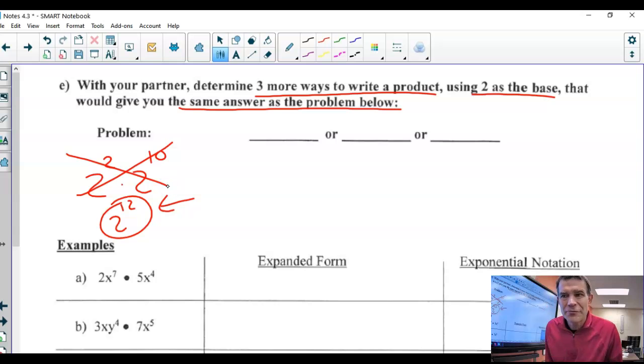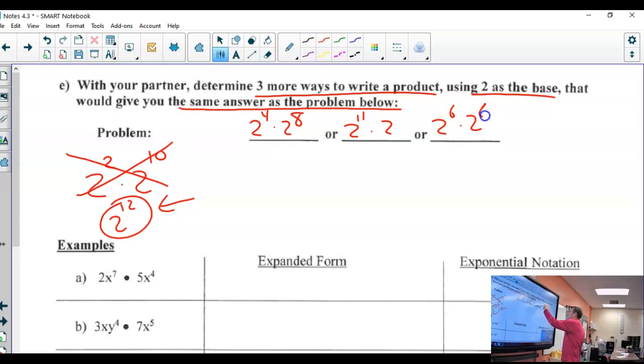We want you to write 3 different problems whose answer is 2 to the 12th. Let's see, how about 2 to the 4th times 2 to the 8th? How about 2 to the 11th times 2? How about 2 to the 6th times 2 to the 6th? All 3 of those would be 2 to the 12th.